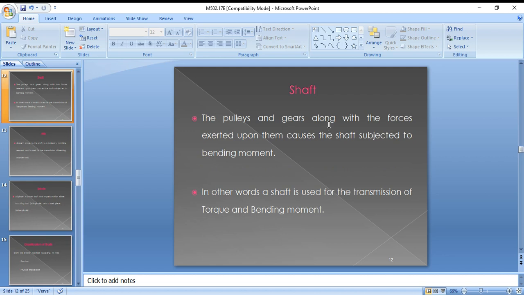So due to the pulleys and gears, it causes a bending moment. The advantages of shafts as power transmission devices include simplicity, compactness, ability to handle higher power, and ability to operate over a wide range of speeds. However, there is no facility for changing speed or torque, and the alignment is normally fixed.